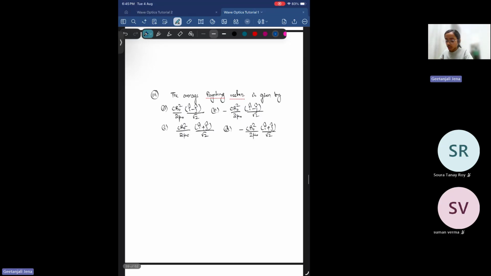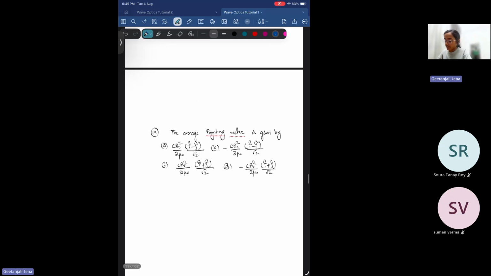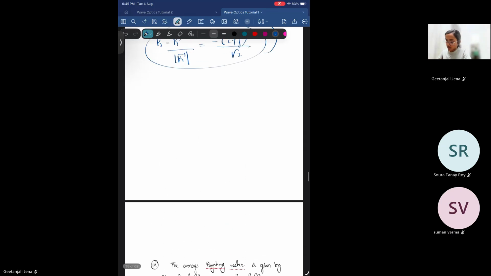For question number 18, what is the average Poynting vector? Electric field was given, magnetic field is also given. Let me write.